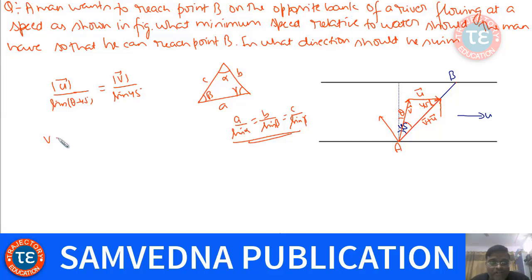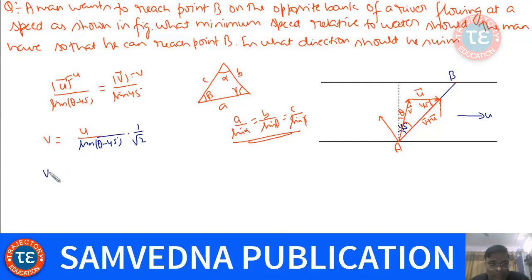So v is u upon sine of theta minus 45, and sine 45 will go on that side, so it will be 1 by root 2.